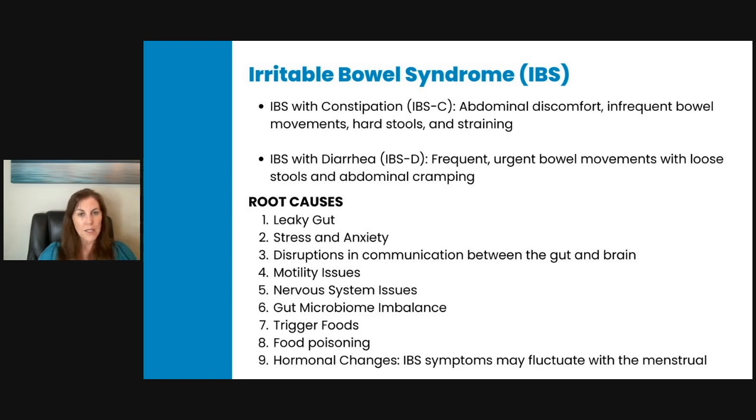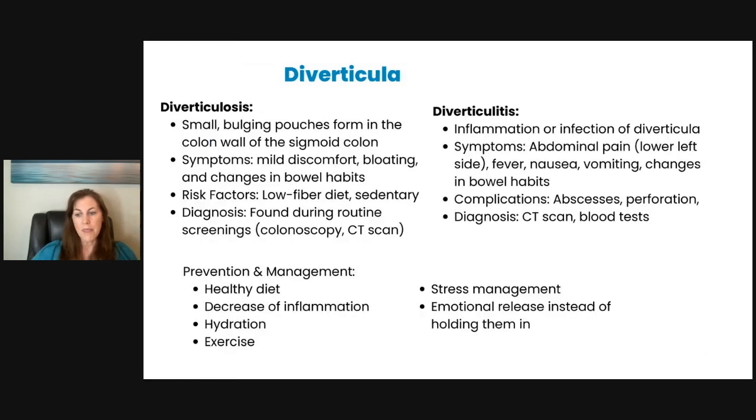Food poisoning can definitely cause issues because you're having problems with the normal functioning and you're wiping out certain things when you're having diarrhea move through, and there's a lot of damage and inflammation that is left. And then hormonal changes. You might realize that when it is your period, you might have specific IBS symptoms that come along every month.